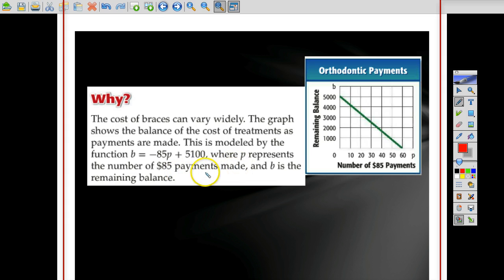Every payment is $85. You start here, and this is the remaining balance. So it's $5,100, the original balance, and then the balance goes down by $85 each payment until you have made 60 payments, and then your balance is zero. So braces can be very costly.